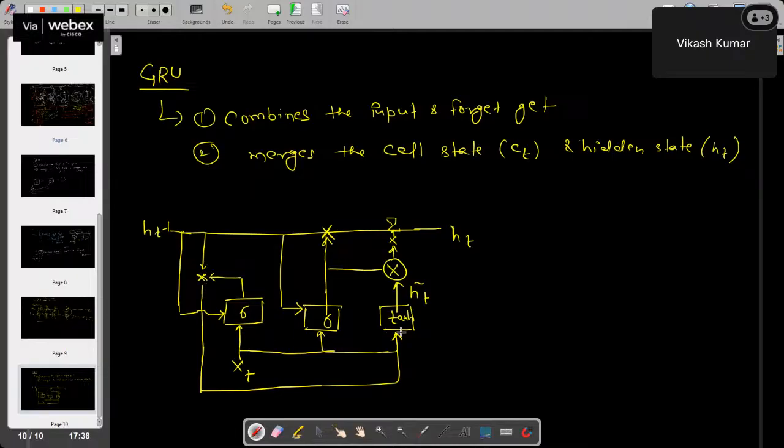So the input is fed xt and st minus 1. This is one thing.